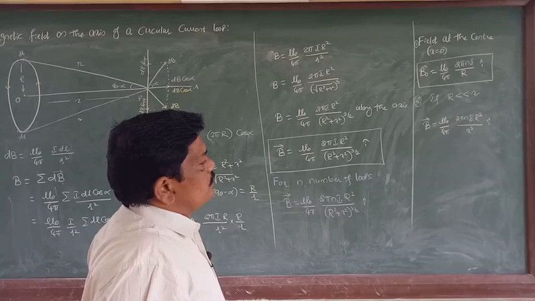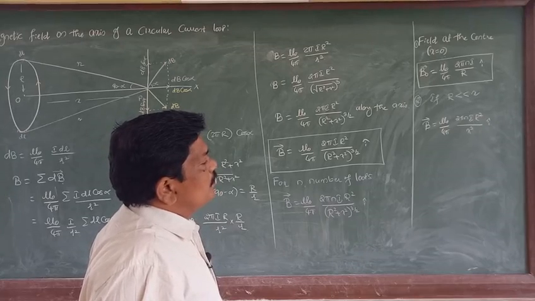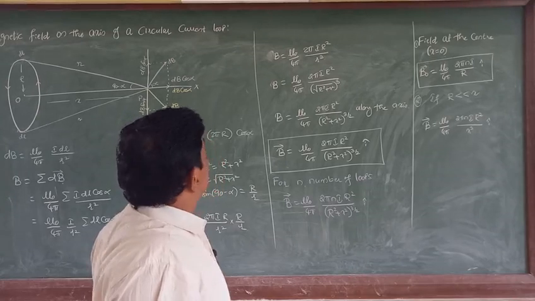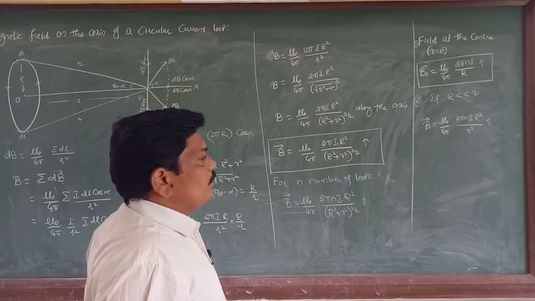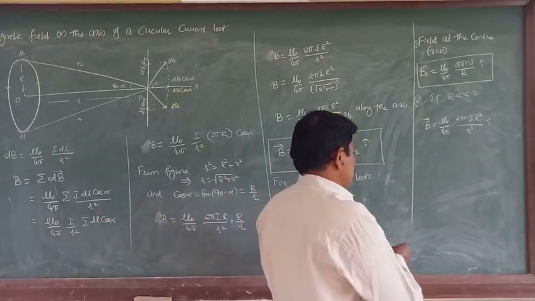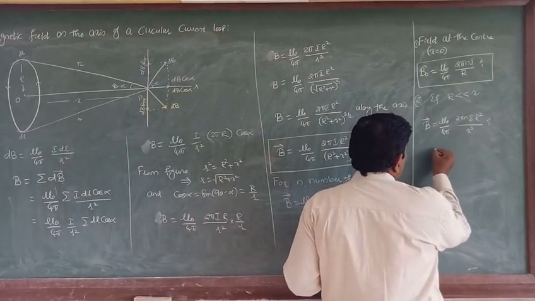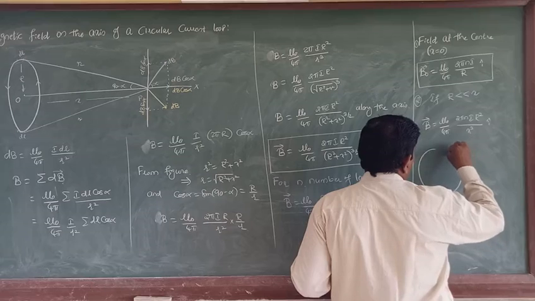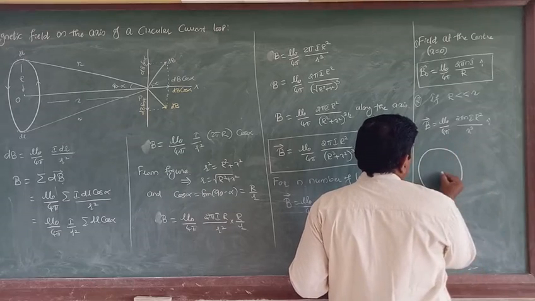Let us discuss the direction of the magnetic field at the center of a circular current loop. Consider a circular loop. This one is the center.